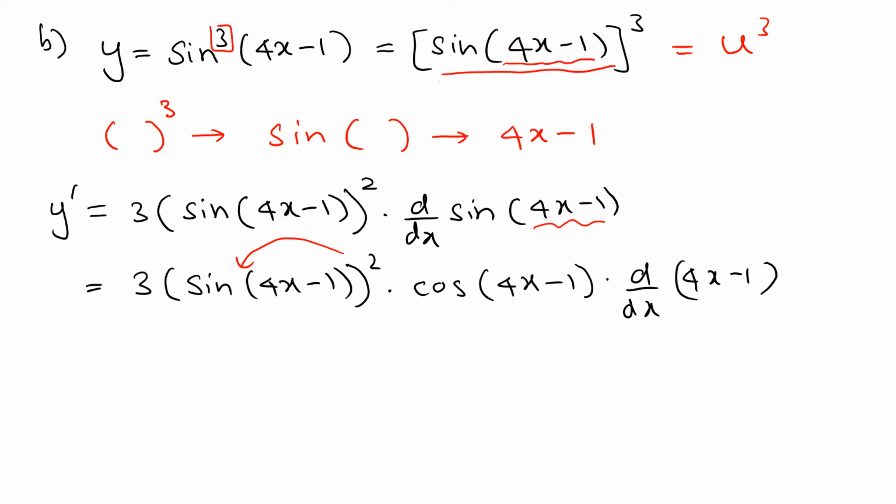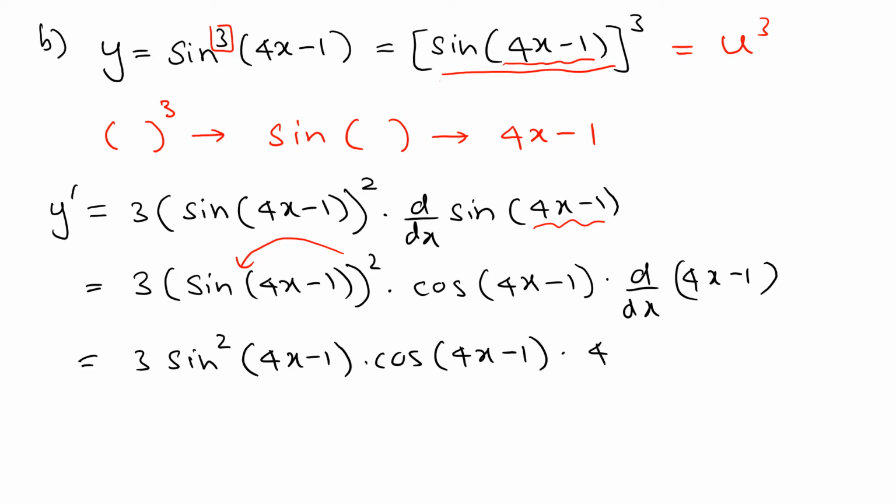So finally we get 3 times sine squared of 4x minus 1, and then cosine of 4x minus 1. You don't need parentheses here because it's very clear what the function is. We only use parentheses when there's confusion. Cosine comes after sine, and then the derivative of 4x minus 1 is 4.